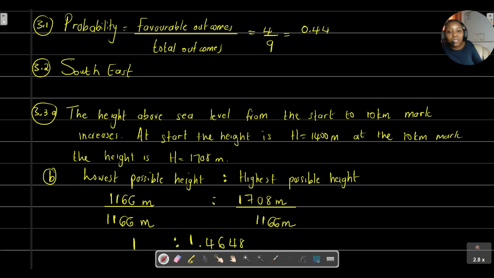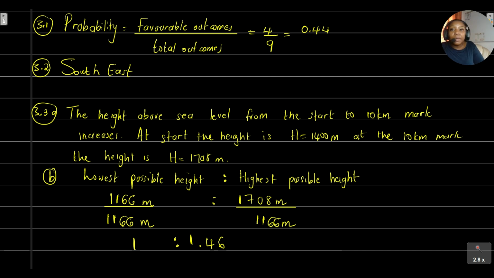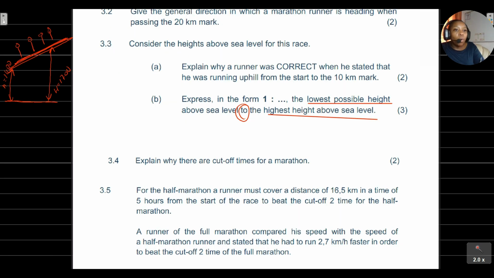So we can also just leave it as 1.46. Remember, here they didn't specify whether we should leave it in simplified ratio form or in unit form. If they ask us to leave it in simplified ratio form, it basically means that we need to have our ratio as whole numbers.